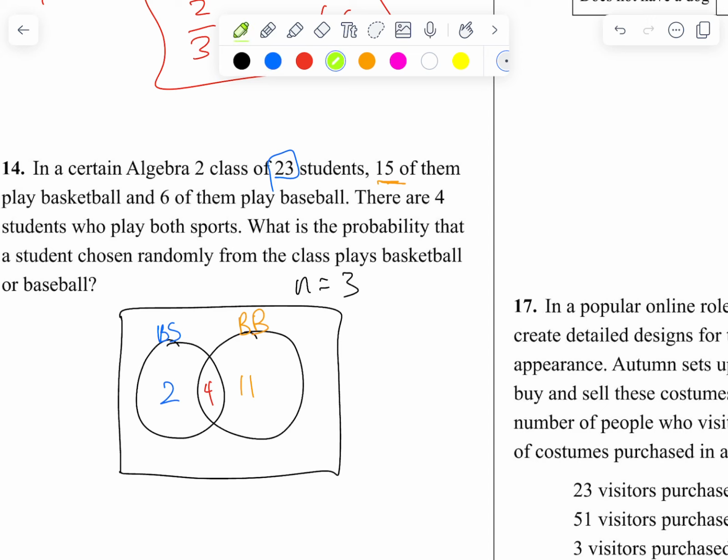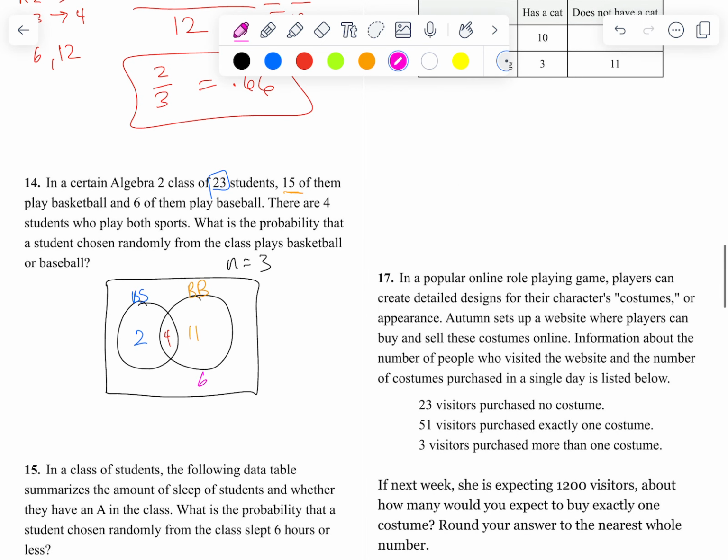So in here, 2 plus 4 is 6, plus 11 is 17. So I'm shy by about 6 of them. So it says, what's the probability that a student from the class plays basketball or baseball? So I'm going to add up all these middle ones, which is 17 out of 23.